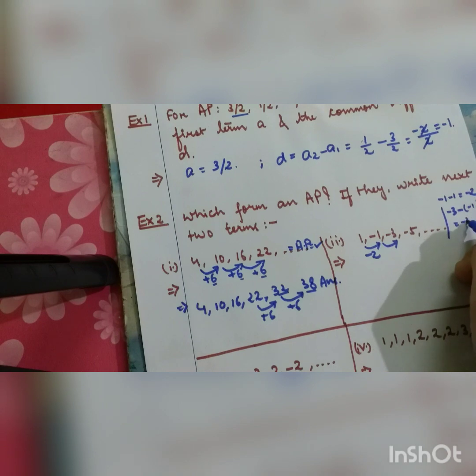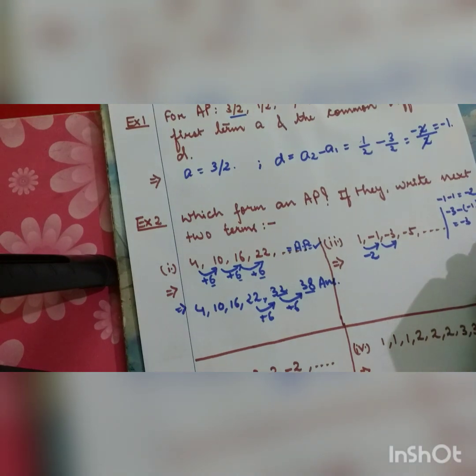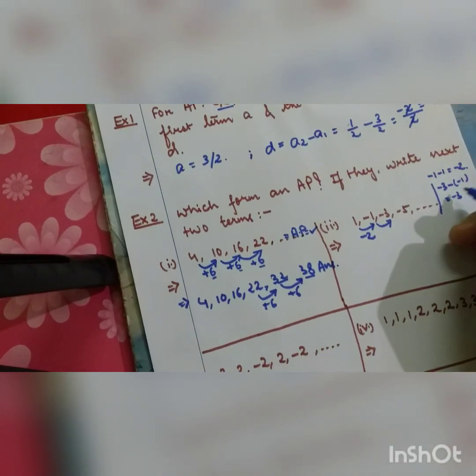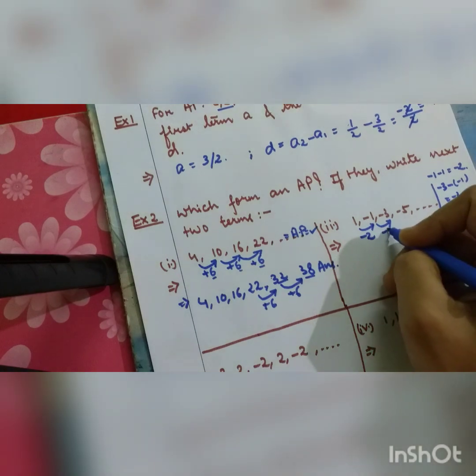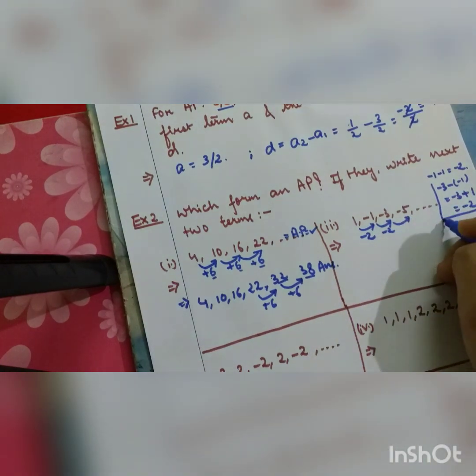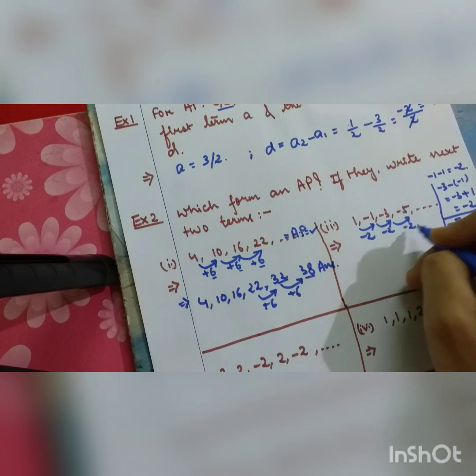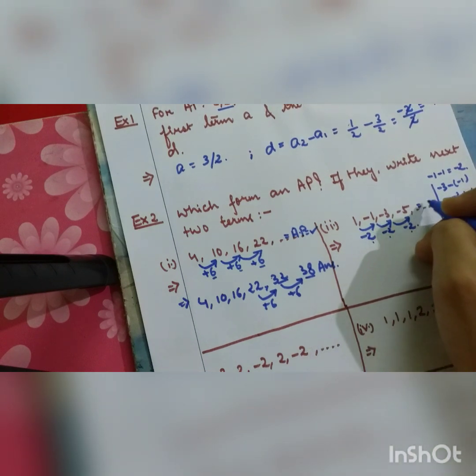Subtracting minus 1 gives plus 1, and minus 3 plus 1 will be minus 2. Subtract the third term from the fourth term, minus 5, and you will get minus 2. Since the common difference is the same, it is also in AP.